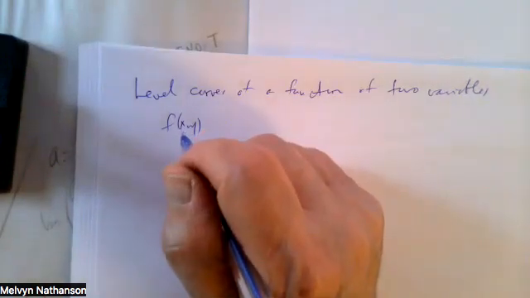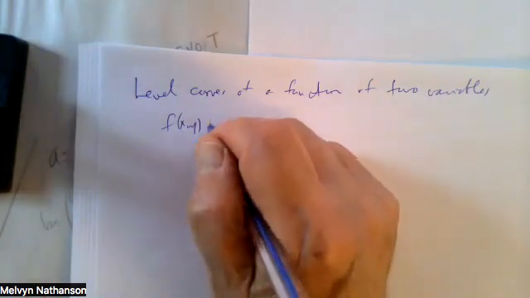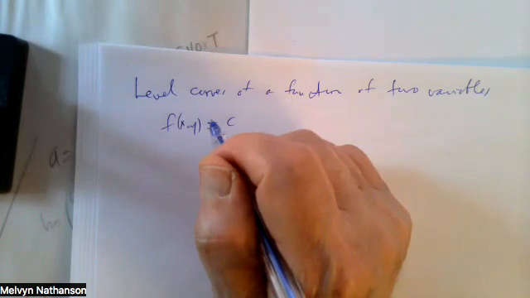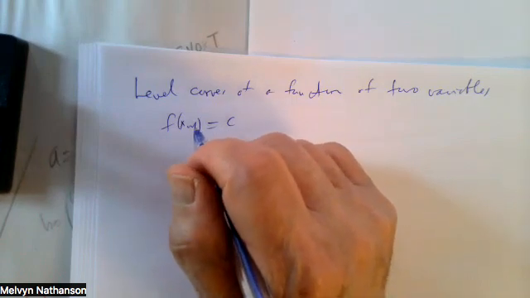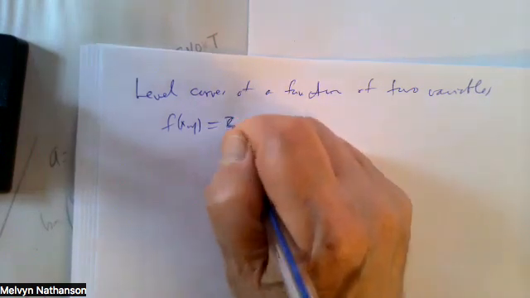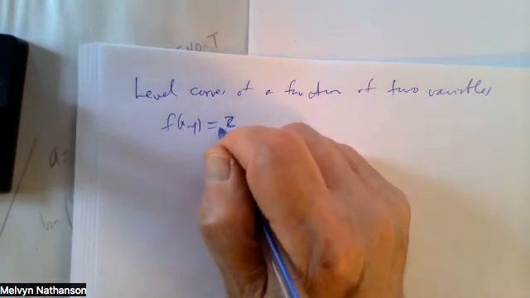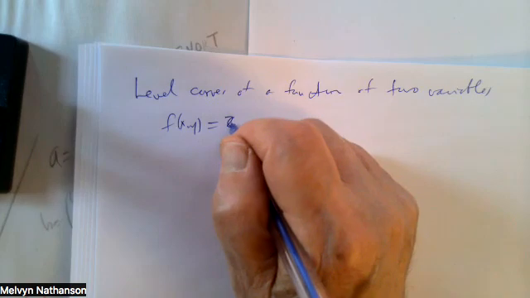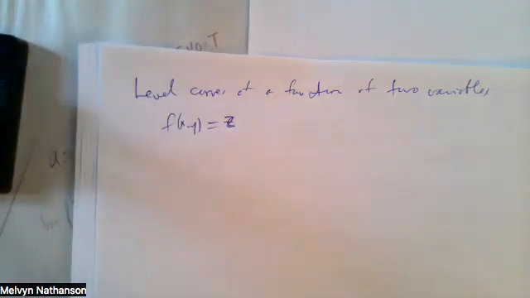The level curve, for some number c, is to find all the points where f of x, y is equal to c. Or maybe I should call it z, some fixed number z.